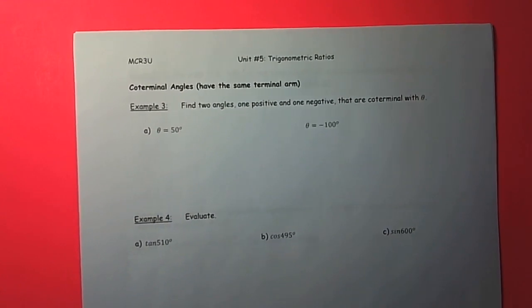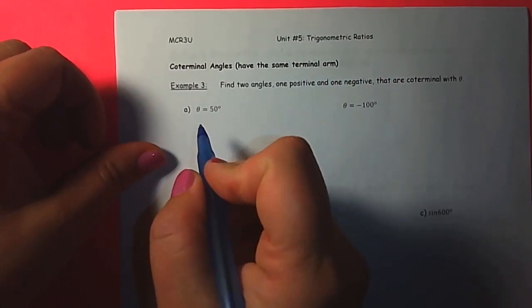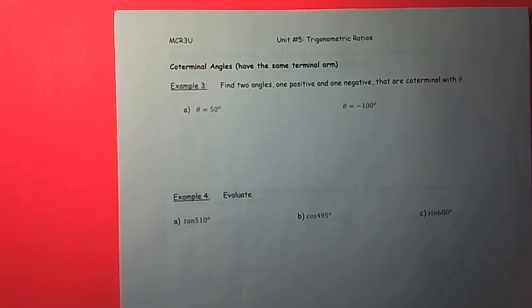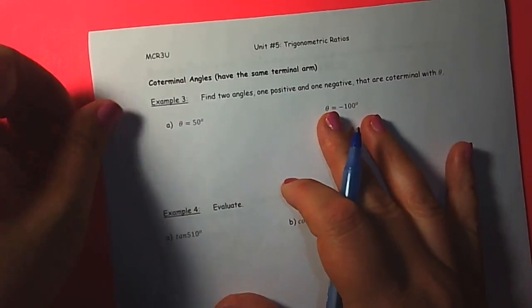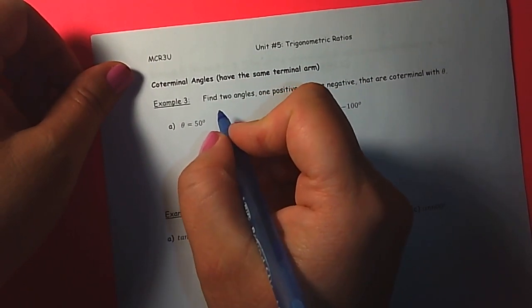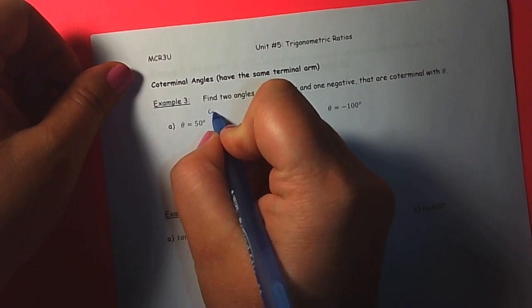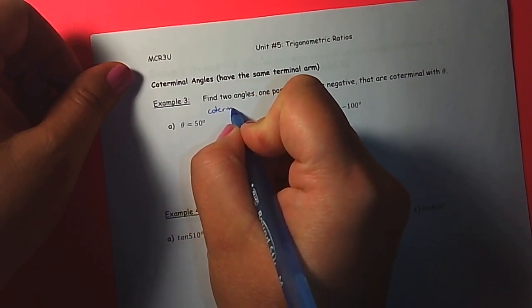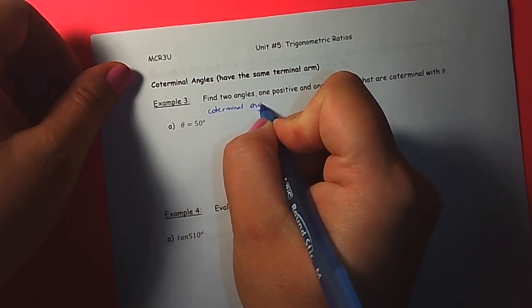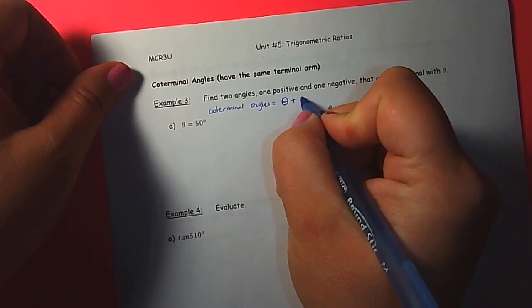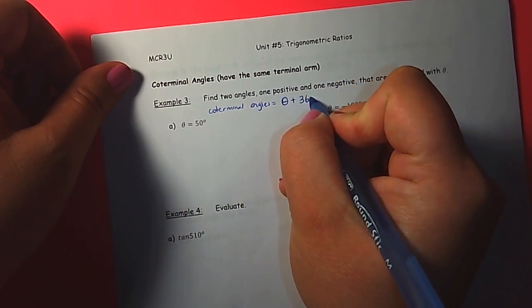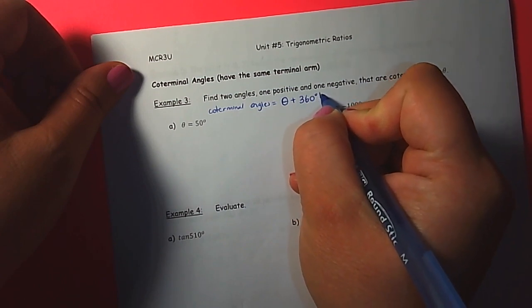Now we can look at our example 3. We have theta being 50 degrees, and it says find two angles, one positive and one negative, that are coterminal with theta. So again, if we write the formula for coterminal angles, we take theta and we add or subtract multiples of 360.